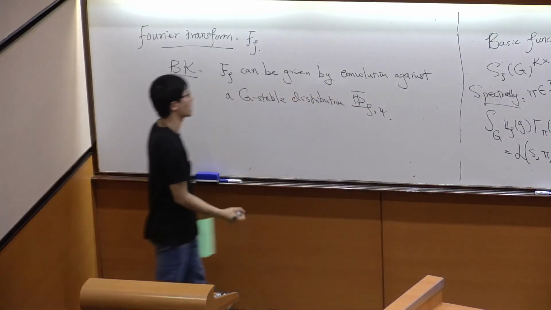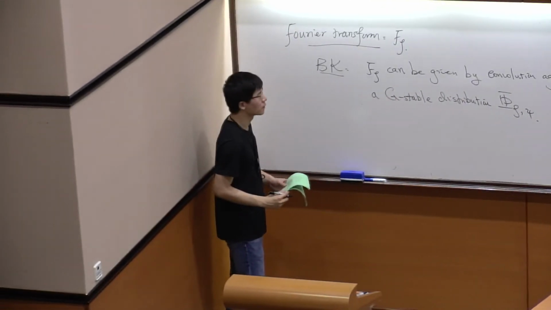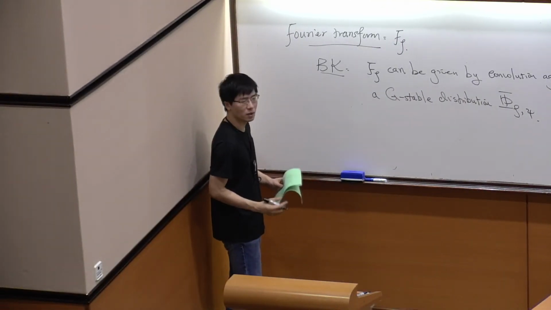Here, psi is an additive character of the underlying field. What does G-stable mean? It just means it's a stable distribution on G.